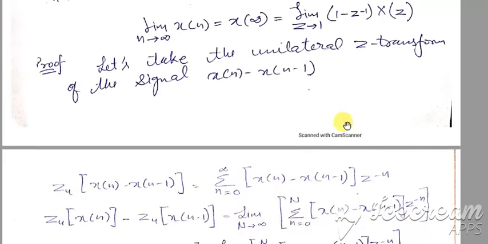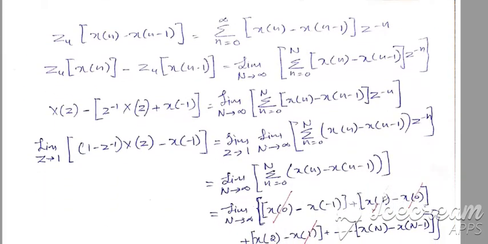Let's take the unilateral Z transform of the signal x[n] minus x[n minus 1]. So we can write it like this. The unilateral Z transform of x[n minus 1] is equal to, from the definition, summation n is equal to 0 to infinity. The point is, when it is unilateral, the limit starts from 0 to infinity, x[n minus 1] z raised to the power minus n.